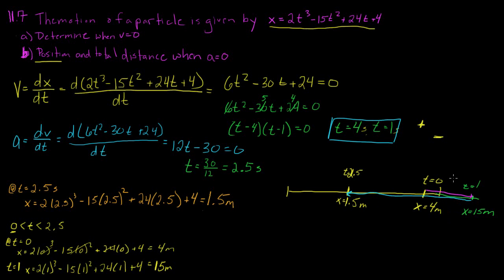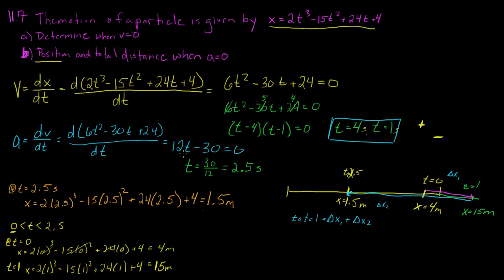If we call the first change in x delta x1, and the second, from t equals 1 to 2.5, delta x2, our total distance is going to be equal to delta x1 plus delta x2.